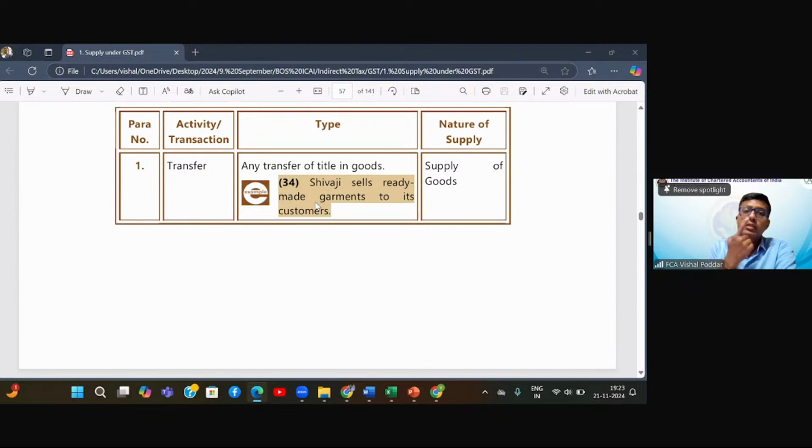Now, when it is buying the immobile property, it is Schedule 3. If you are buying land, or if you are buying completed building, that is a building of which completion certificate has been received. So if you are buying immobile property, it is also supply of service, but it may go to Schedule 3 if it is land or completed building.